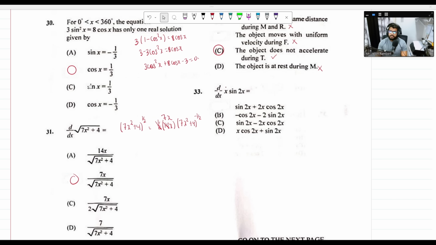So, what you could do, you could say U and V multiplied by du dx plus U multiplied by dv dx. I'll get 2 cosine 2x. So sine 2x plus 2x cosine 2x. The answer is indeed A.